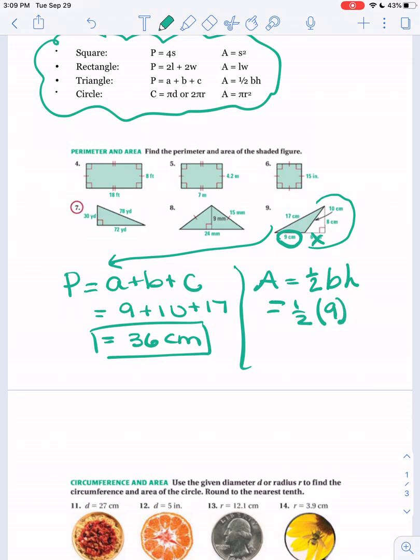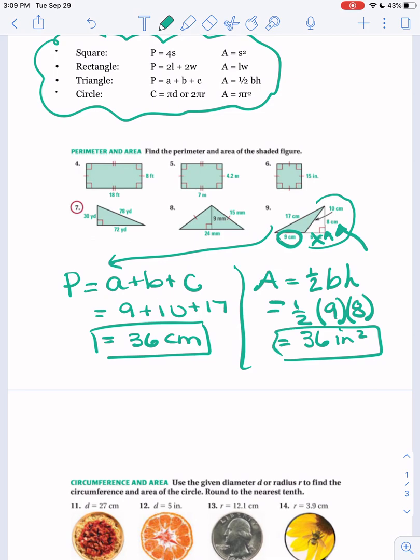Height has to be perpendicular height. So that 8 is our height because they're showing us that right angle symbol. So we know our height is 8. So we take 1/2 of 9 times 8. And it looks like we have 36, and that's going to be square inches.